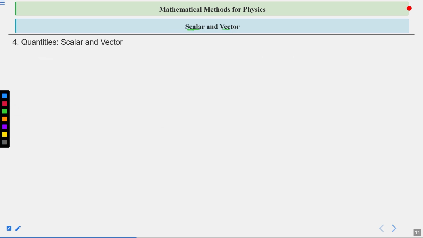Scalar and vector. Scalar is a physical quantity that has only magnitude, whereas vector is a physical quantity which has magnitude and direction both. In the chapter of motion in a straight line, we will learn this very briefly.